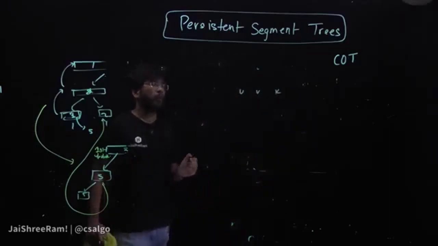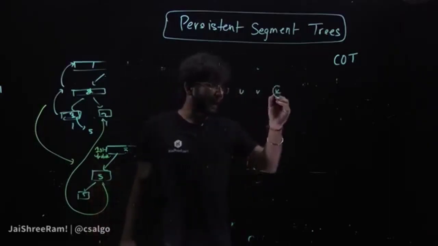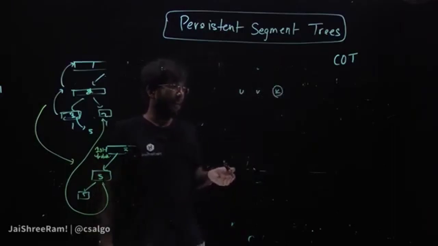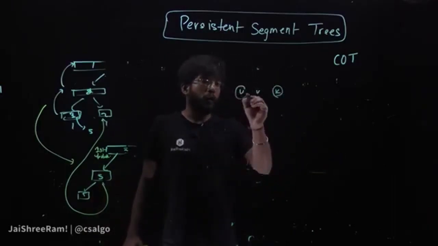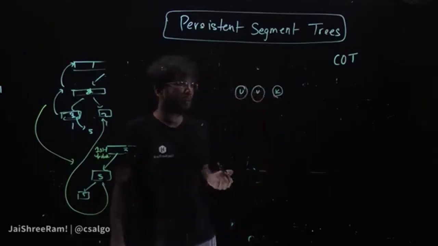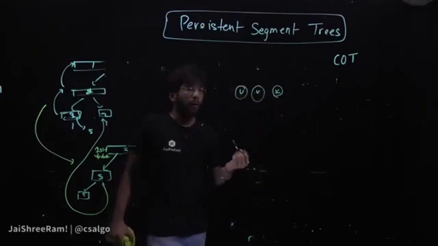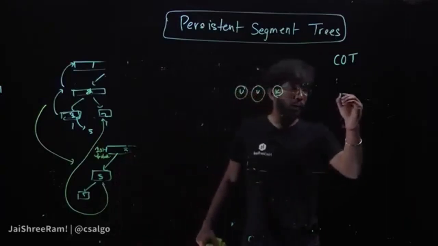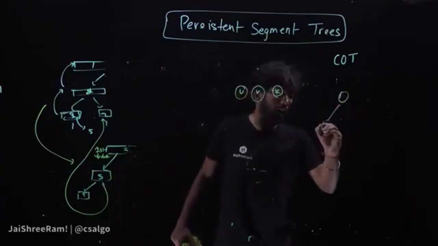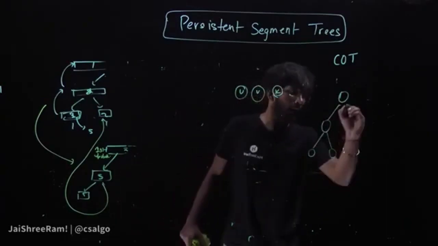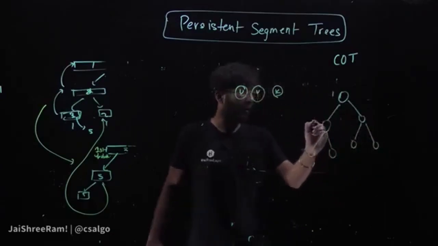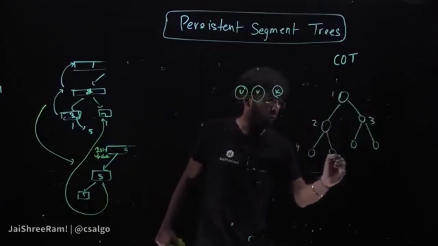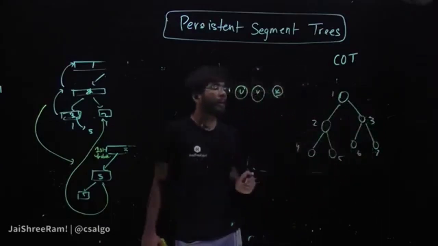So we need to print the kth element in the sorted order when running from node u to node v, or I can more clearly show it to you. So let's assume that this is our tree. This is node number 1, 2, 3, 4, 5, 6, 7.